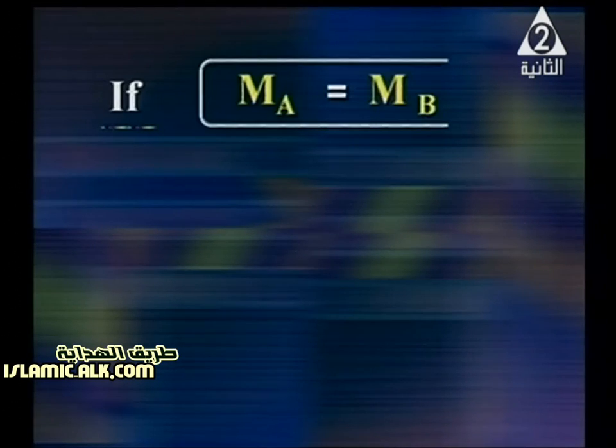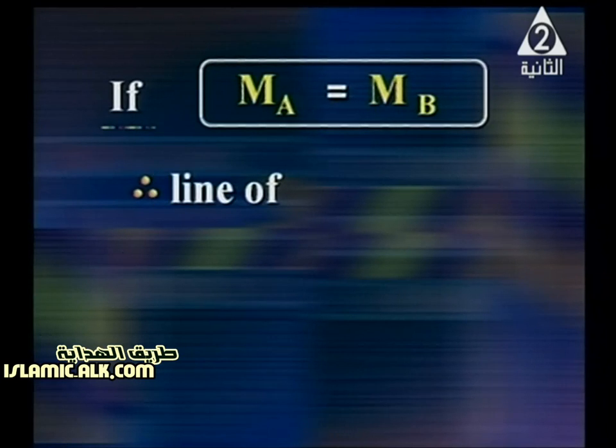Remark. We have two very important remarks. If the moment of a force about point A equals the moment about point B, what do we deduce? The line of the force is parallel to line segment AB.